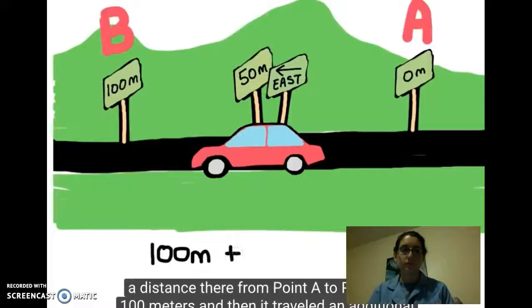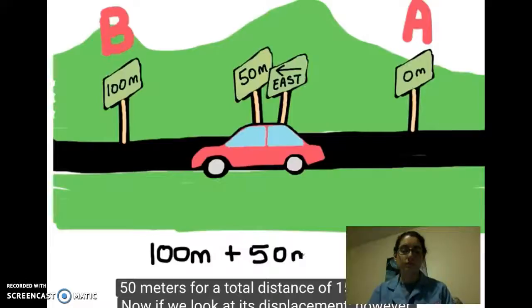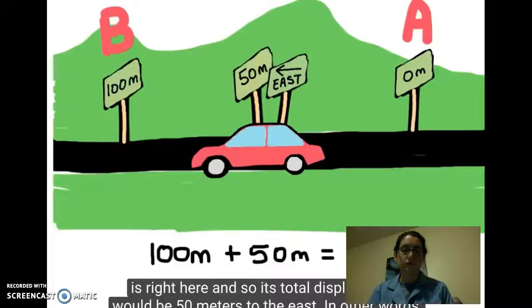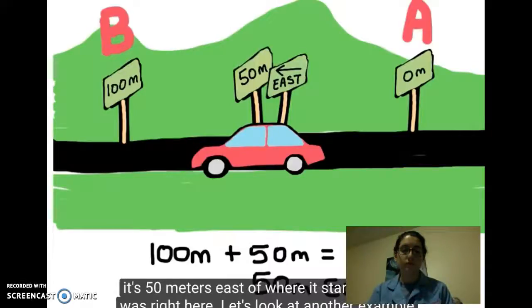And then it traveled an additional 50 meters for a total distance of 150 meters. Now if we look at its displacement, however, we're comparing its starting position, which was right here, to its finishing position, which is right here. And so its total displacement would be 50 meters to the east. In other words, it's 50 meters east of where it started, which was right here.